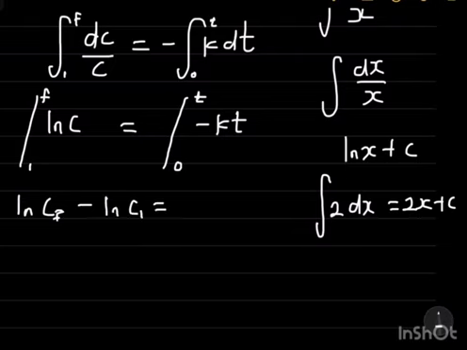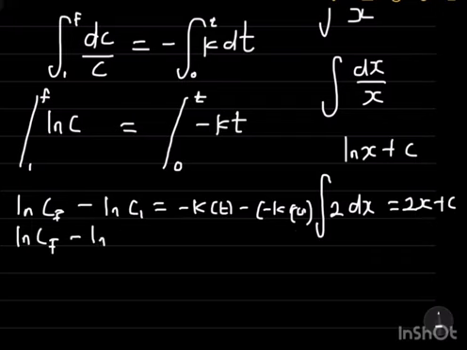And this equals, for minus kt, if we input the upper boundary, minus k t minus k 0. We have ln C final minus ln C initial equals minus kt, because the remaining term has gone to 0.